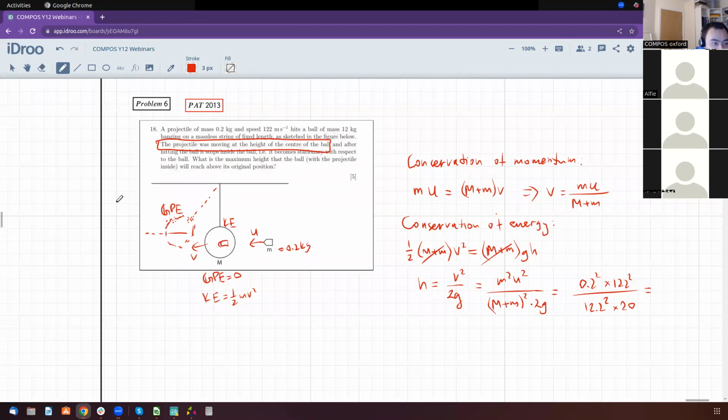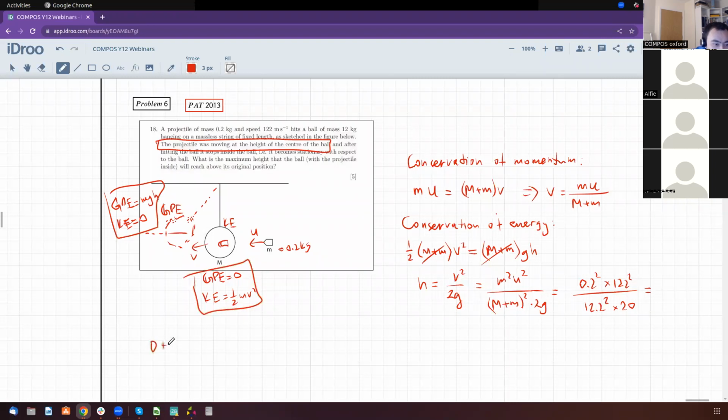At the top, GPE is equal to mgh, and kinetic energy is 0. So we have the total is equal to the total.